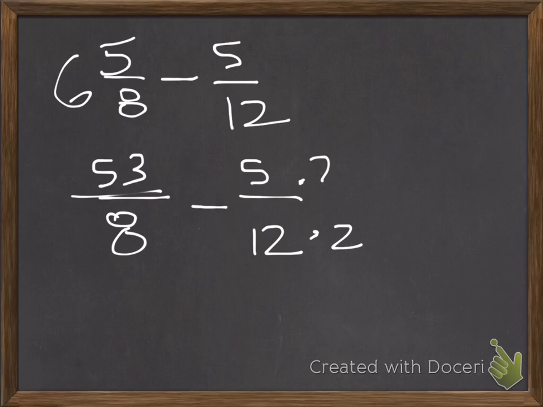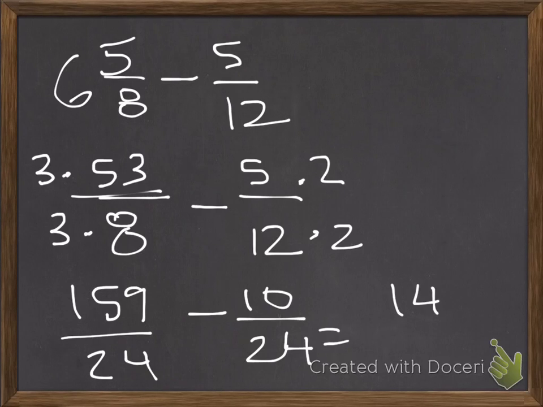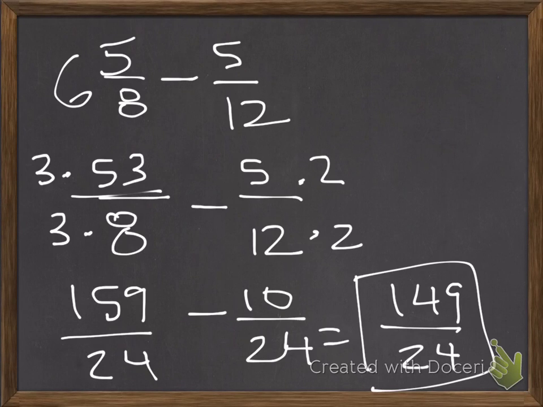I would make this a common denominator of 24 to try and keep the numbers a little bit smaller. So we have 10 over 24 and 159 over 24. So that gives us 149 over 24, and that's as much as we can simplify.